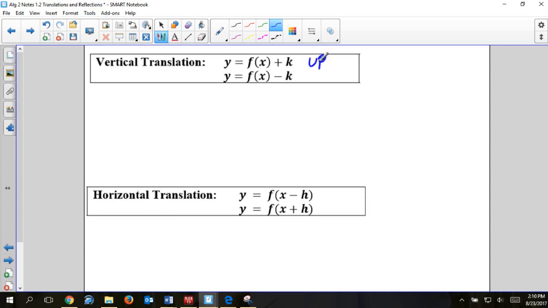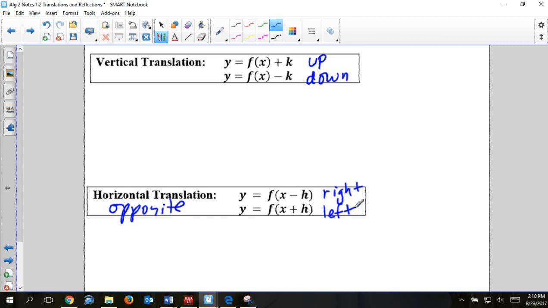And minus k is down. And then for horizontal translations, you see we have parentheses. If it is a minus h, it is to the right, because it's always opposite if it's horizontal, if it's in the parentheses. And then what about x plus h? Where's that going to go? Left.